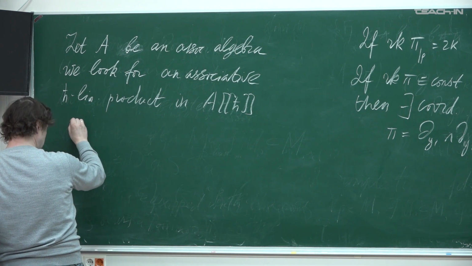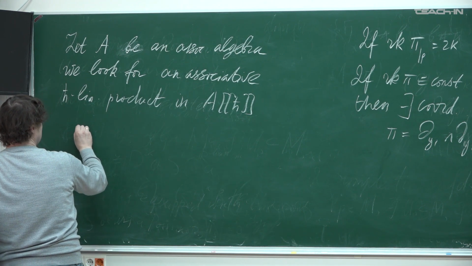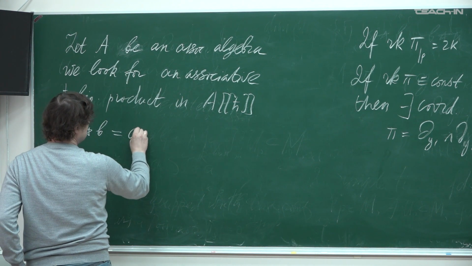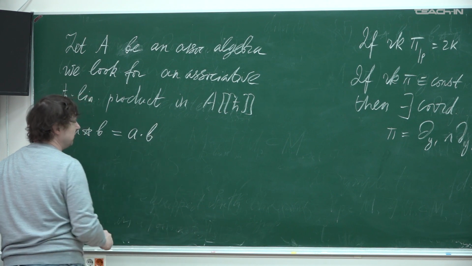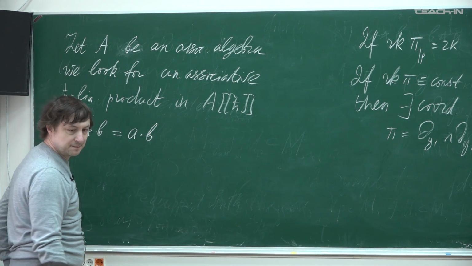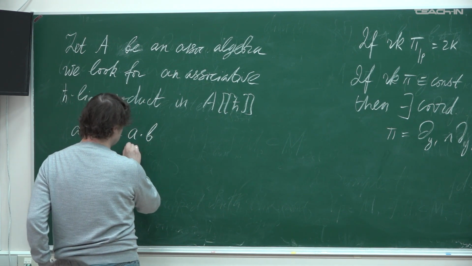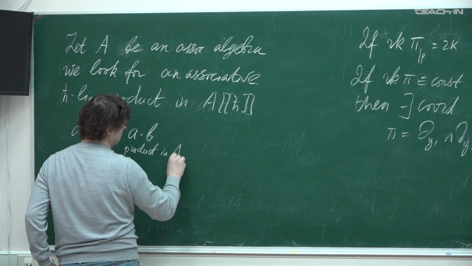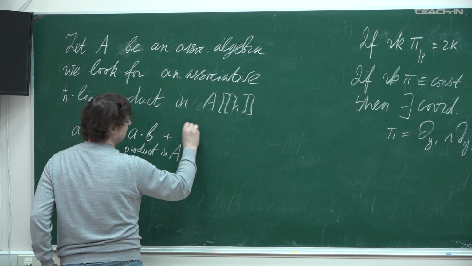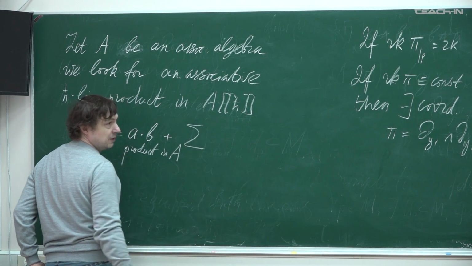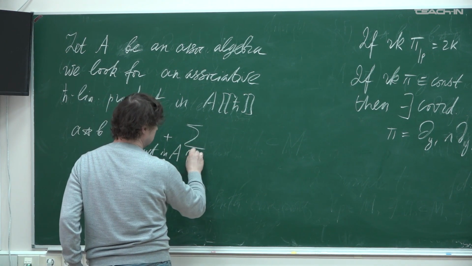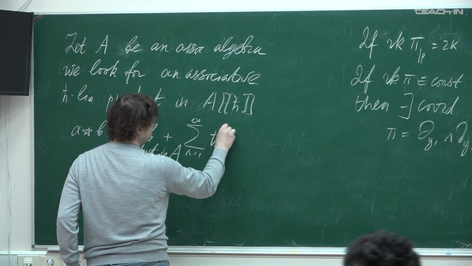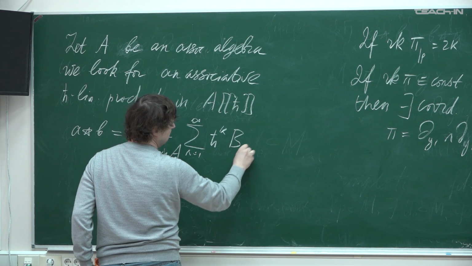So we need to find a formula a star b equal to, where the first term is usually fixed to be a times b, the usual product in A. But then we add all the remaining correction terms from 1 to infinity: h bar to the power k times bk of a, b.